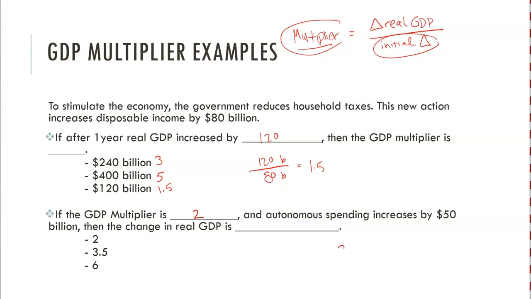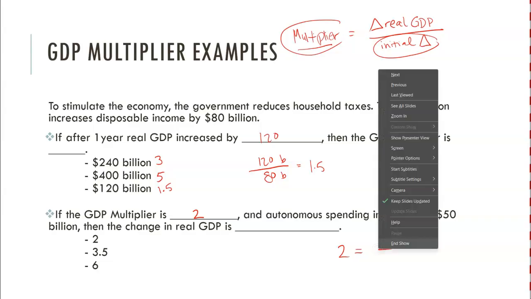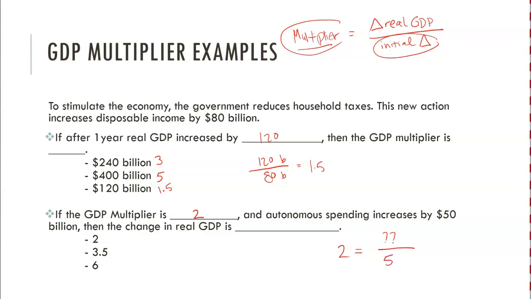We would say 2 is equal to some number divided by 50 billion. Or, to make this a little bit easier, we can rearrange our equation so that your multiplier times that initial change is equal to the change in real GDP.